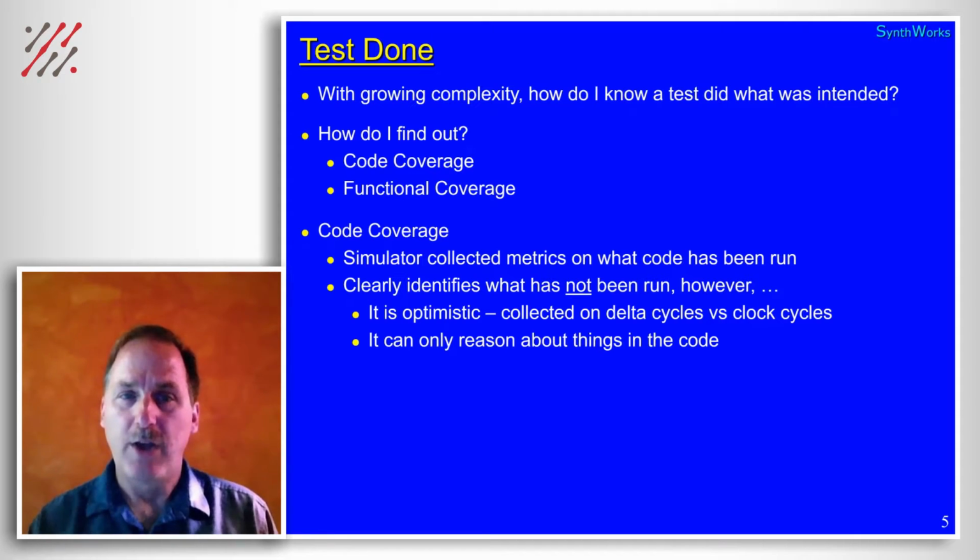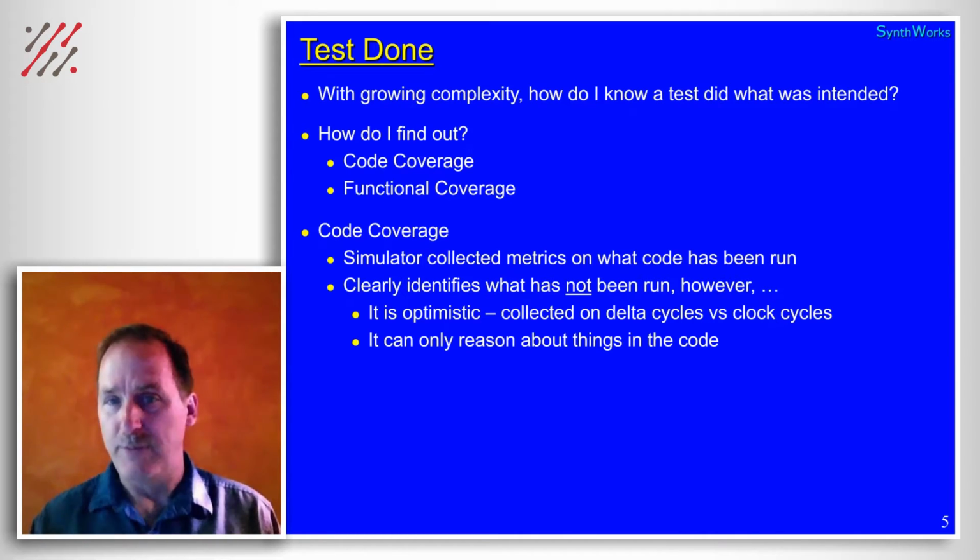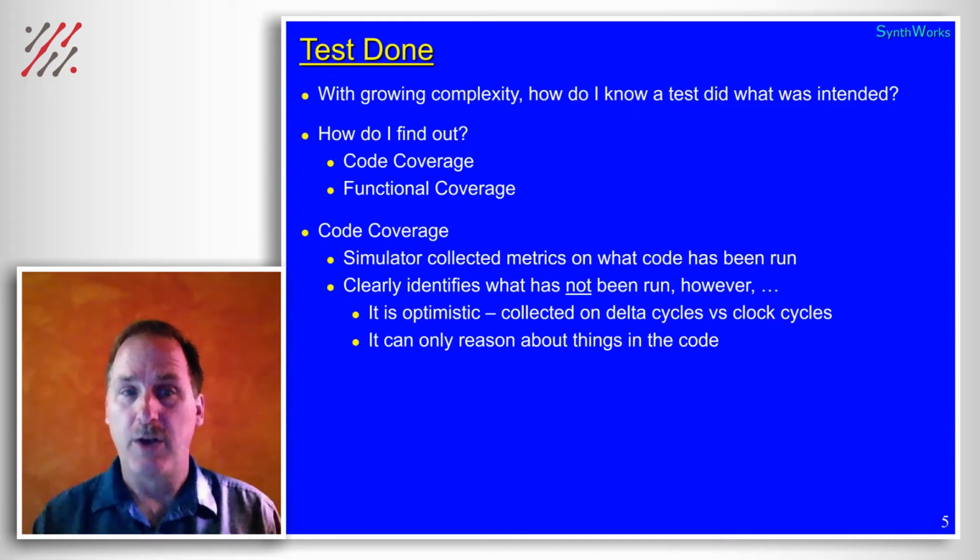So what code coverage does for us is clearly identify what has not been run. It clearly identifies holes in our testing, but in my mind it's optimistic, one, because it runs on delta cycles. The other problem with code coverage is it only ever reasons about things that are in the code.